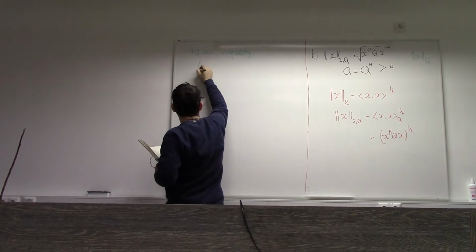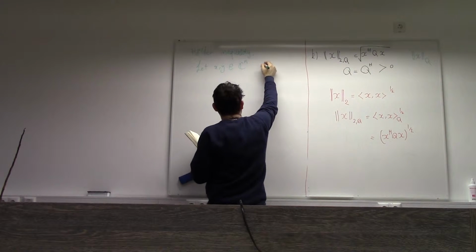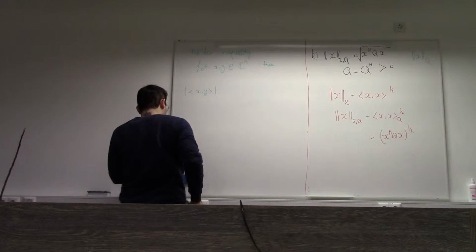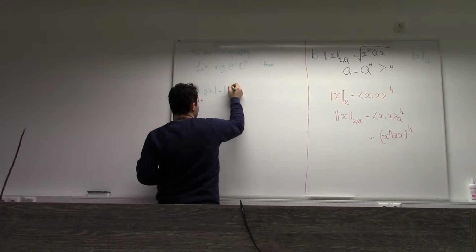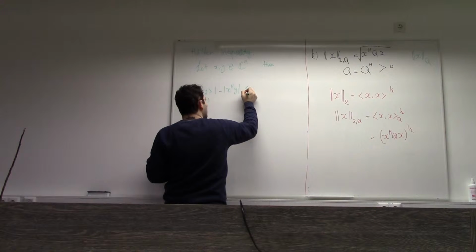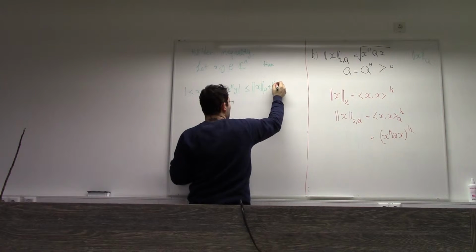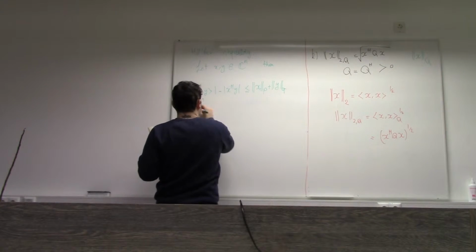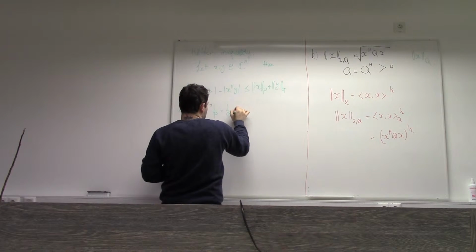Which says, let x and y belong to Cn, then the magnitude of the inner product of x and y, which is the magnitude of x Hermitian y, is less than or equal to the p norm of x times the q norm of y, where 1 over p plus 1 over q is equal to 1.